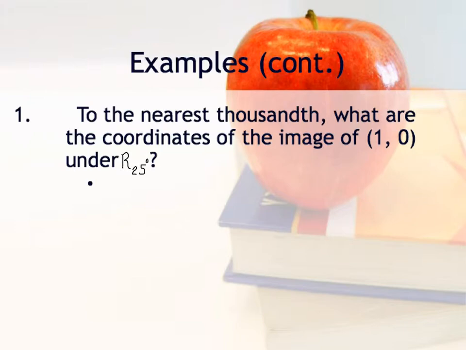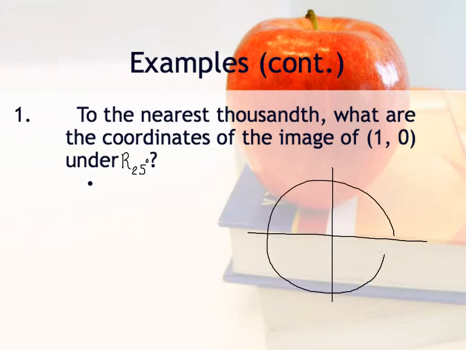Now in my next example, I ask you to use the unit circle and to the nearest thousandth determine the coordinates of the image of the point (1, 0) under a rotation of 25 degrees. So again, let's picture our unit circle. And the location of (1, 0) is right here.